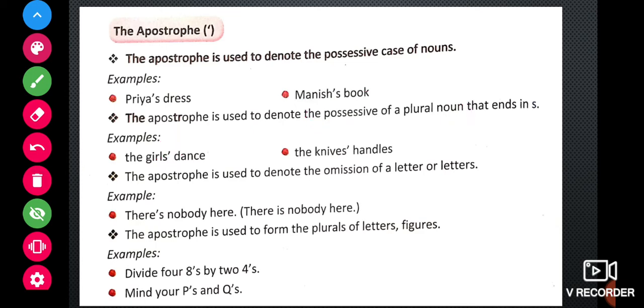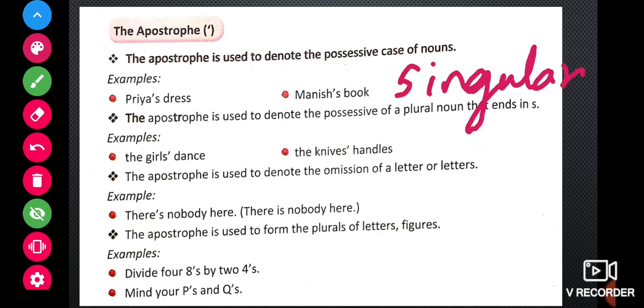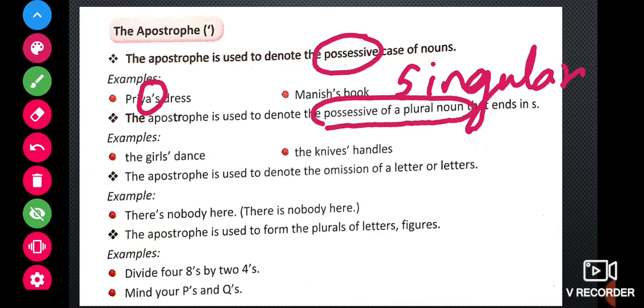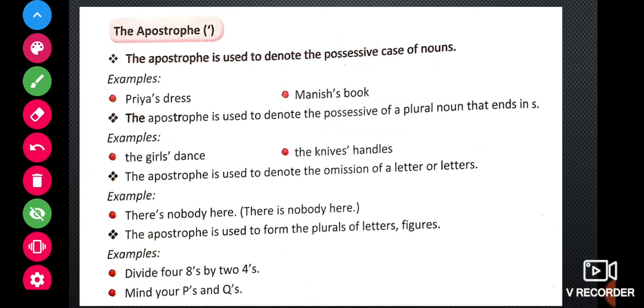Let's revise it again. In case of possessives of singular nouns, apostrophe is used before S, but in case of possessives of plural nouns, apostrophe is used after S.